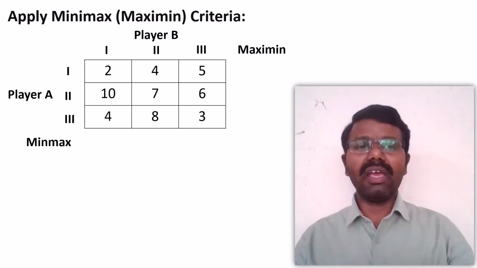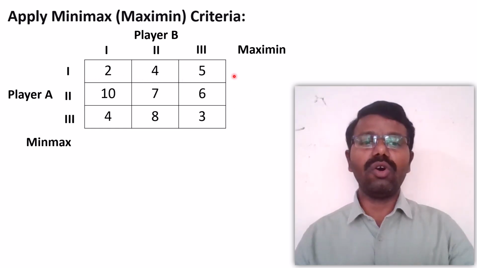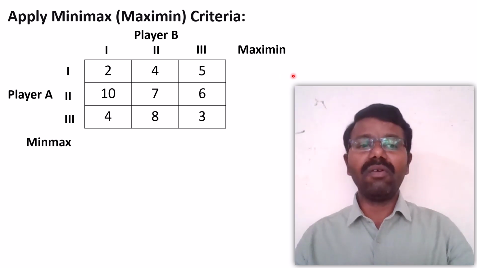From this payoff matrix, there are three rows and three columns. In the first row, we first select the minimum value out of the three payoff elements.